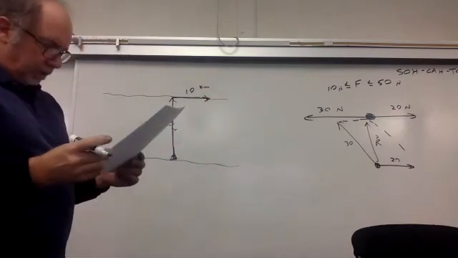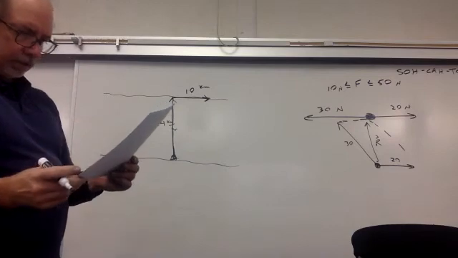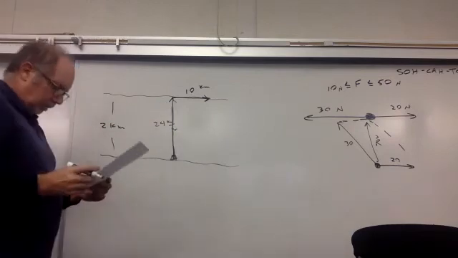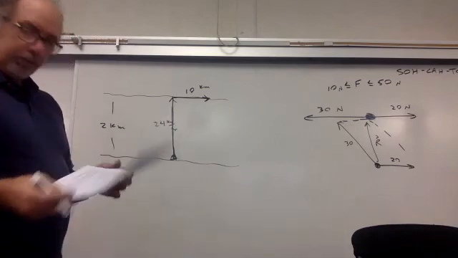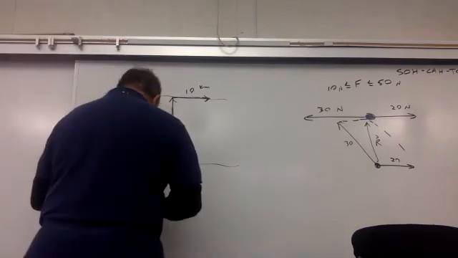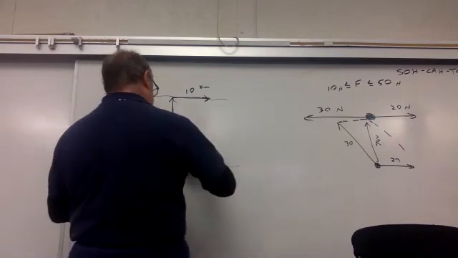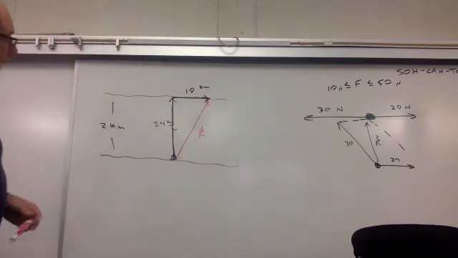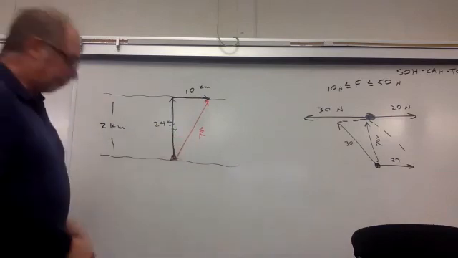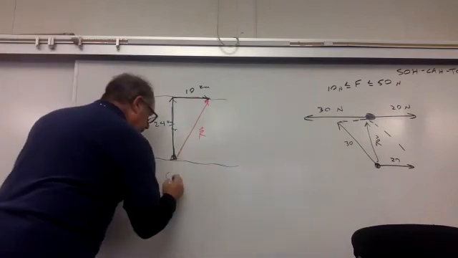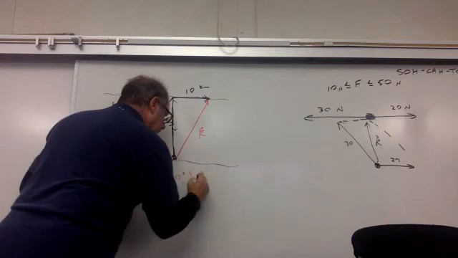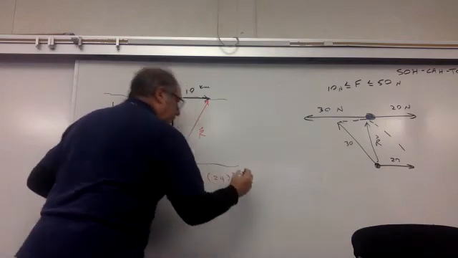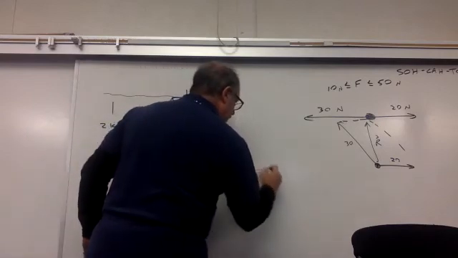The resultant speed is 26. It gave me 2 kilometers wide. The resultant goes like this, and I can find the magnitude by Pythagorean theorem. So 10 squared plus 24 squared equals the resultant squared.